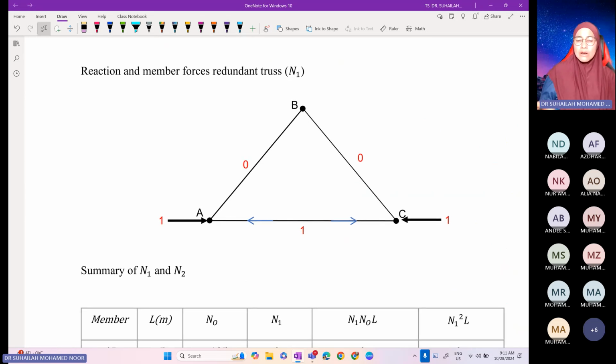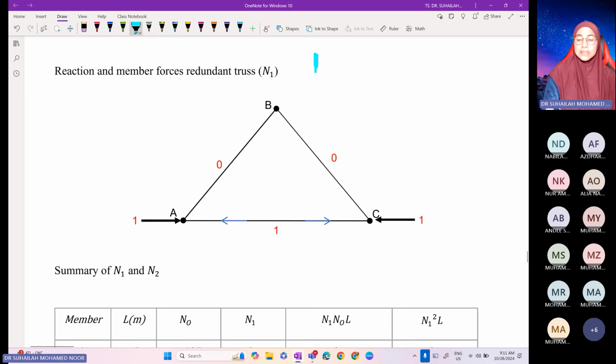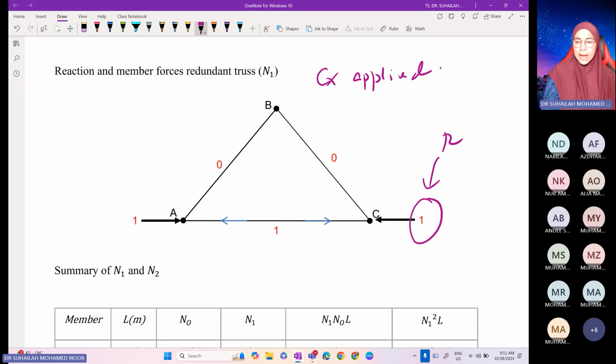Okay, so now for redundant truss, redundant CX applied. Yang ni kan redundant CX applied. CX applied means sini redundant. Okay. Redundant CX applied.